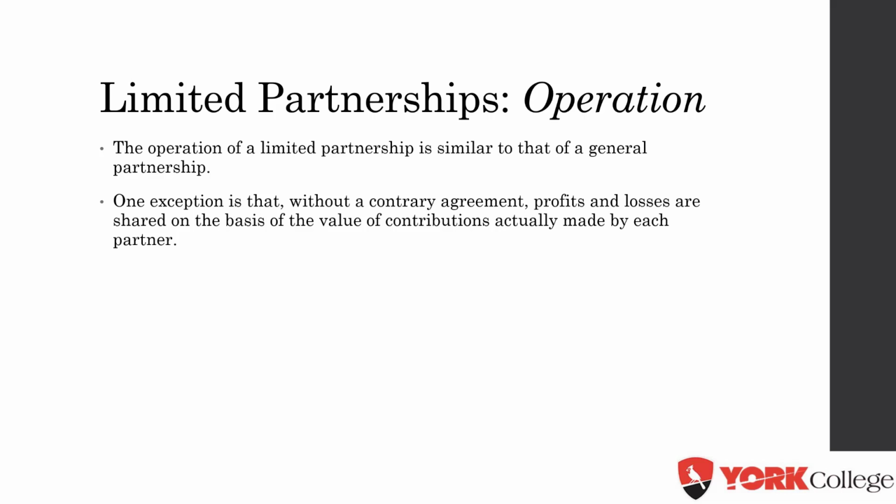Think of a limited partnership as having a special class of partner embedded within its structure, and the profits and losses are not allocated equally by default in the way that a general partnership is. Instead, it's based upon the value of the contributions actually made by the partners coming in.